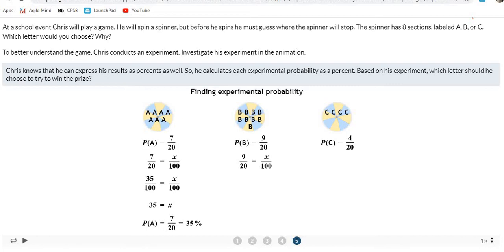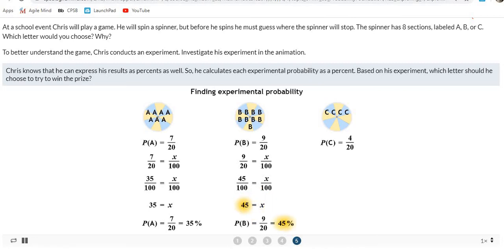That makes sense. Okay? So then for B, it is 9 out of 20. 20 times 5 again. So what percent is the probability of B happening? 45%.